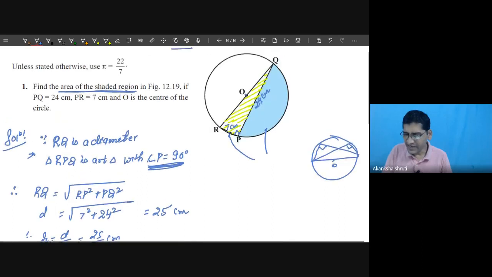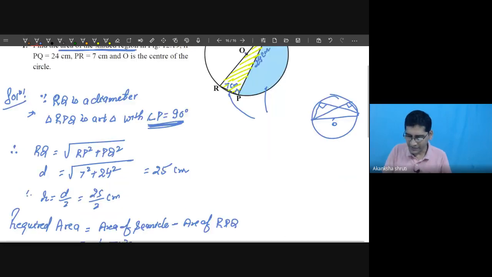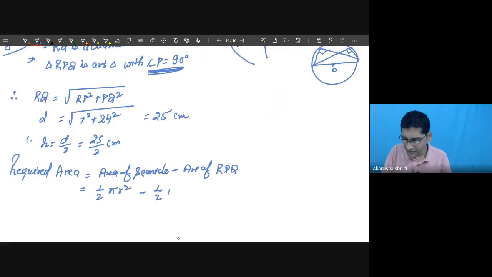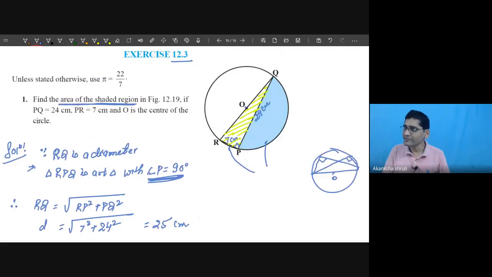Therefore, this area is half into the base, which is our RP, then perpendicular is our PQ. So we can substitute half RP into PQ. So first substitute in the standard form, then get it.